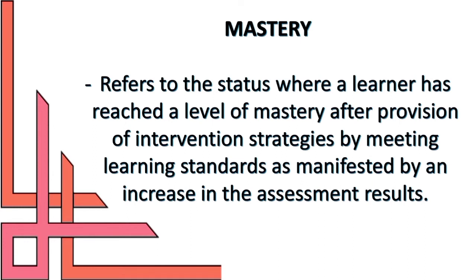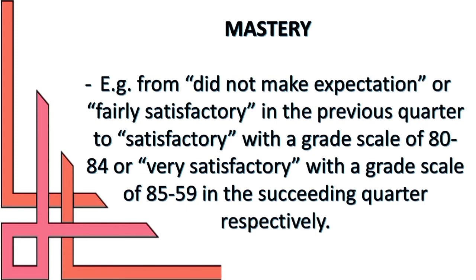And we have the last part, mastery. It refers to the status where a learner has reached a level of mastery after provision of intervention strategies by meeting learning standards as manifested by an increase in the assessment results. Here's an example.